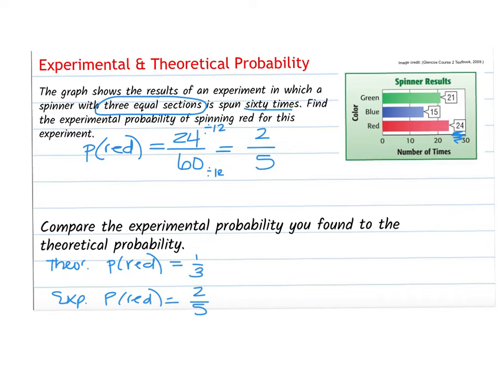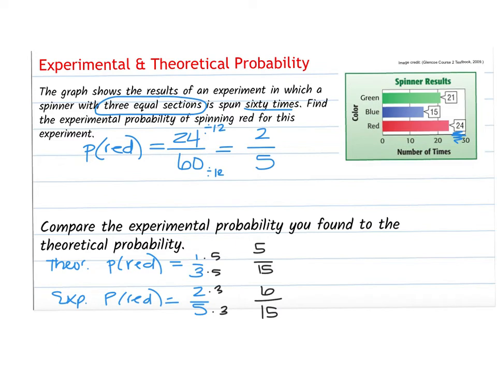The easiest way to compare fractions is to get a common denominator. This is good practice from way back when. I know that 3 and 5 can both go into 15, so I'm going to multiply 1/3 by 5 to get 15 on the bottom, and multiply 2/5 by 3 to get 15 on the bottom.